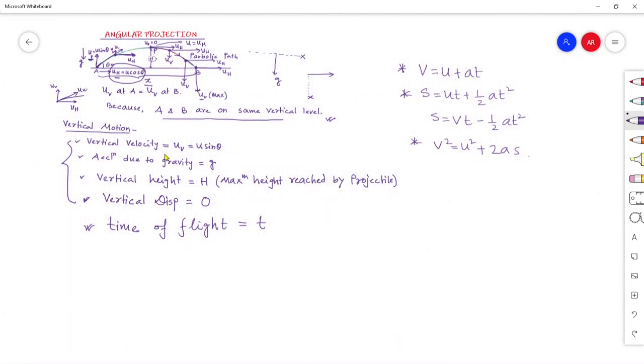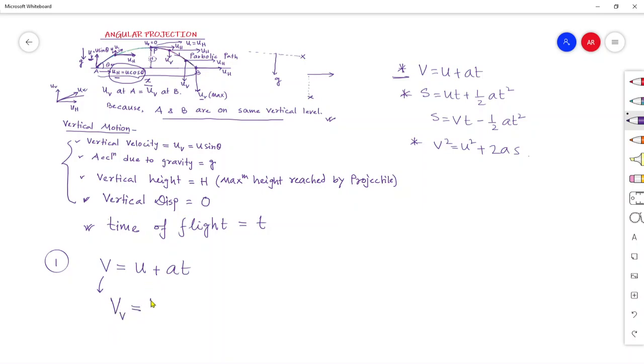So the vertical velocity must be considered, which is uv, u sine theta. If I consider the equation v equals u plus at, that is my first equation that I am going to consider. Now, how am I going to use this equation? Instead of v, I will write vv, the vertical final velocity.